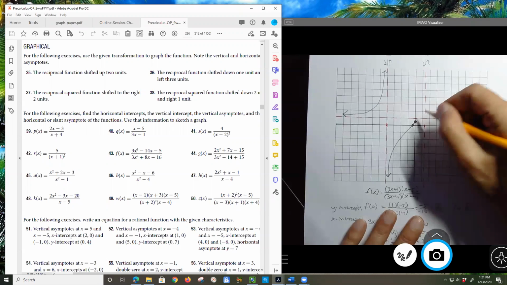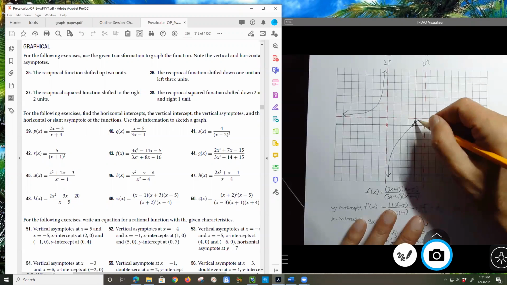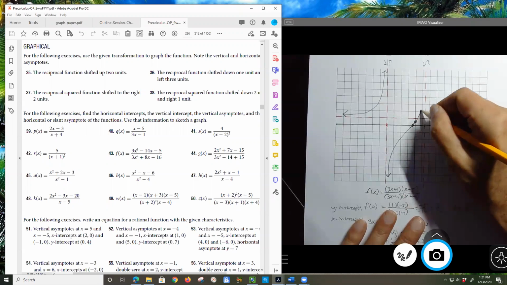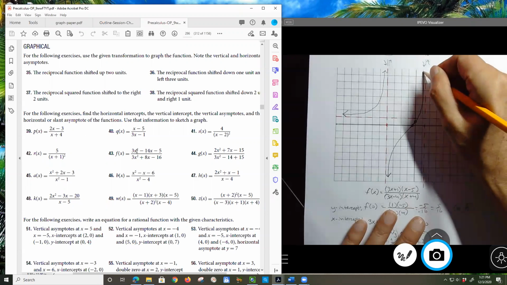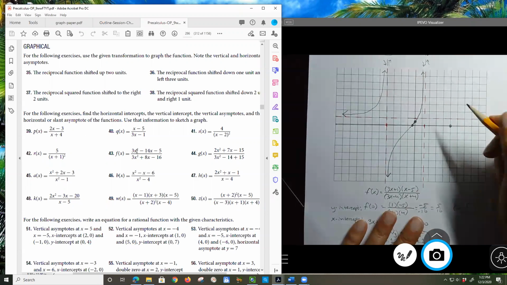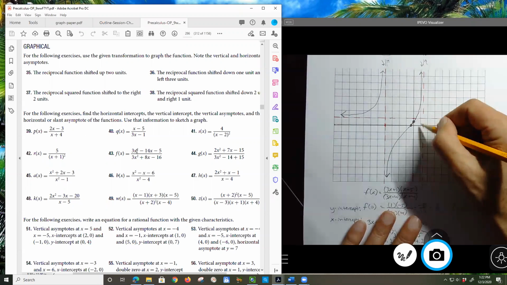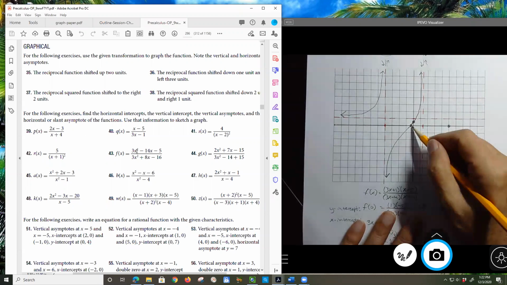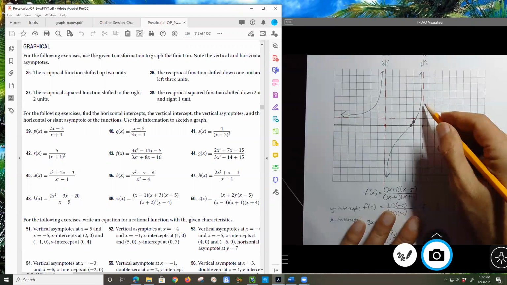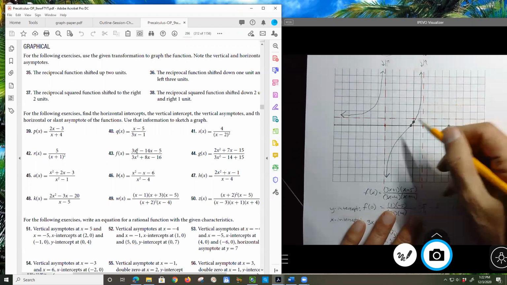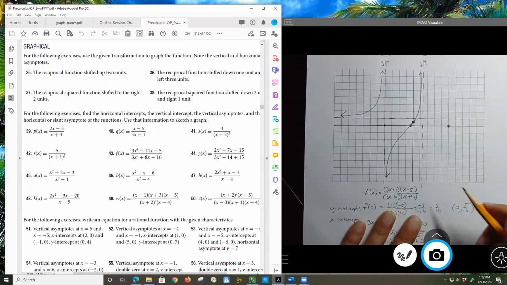So the only thing it can do, you say, but you're cutting through a horizontal asymptote. Hey, it happens. But we never cut through a vertical asymptote. But it has to cut through. It can't come back down. And it can't go like this because then it would cut through a vertical asymptote, and you never do that. So it goes up like that.